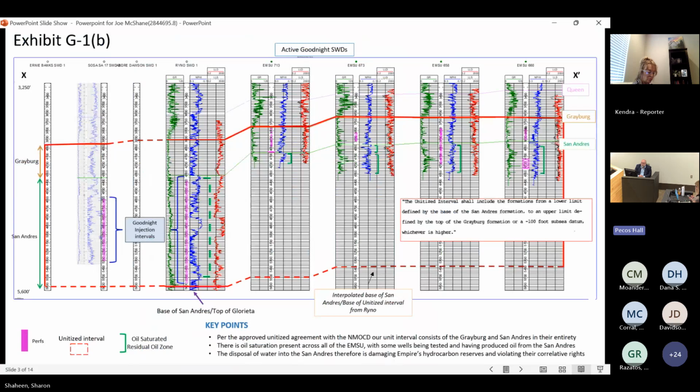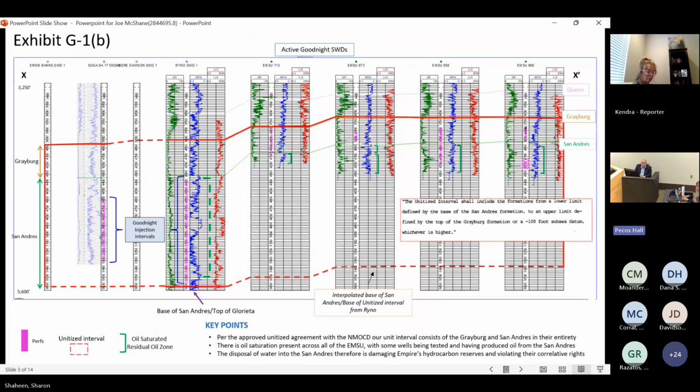The dashed and solid red line is the unitized interval as agreed upon in the field rules. And I've also put that in the call out box, the language down the bottom right where it says the unitized interval shall include formations from the lower limit defined by the base of the San Andreas Formation to the upper limit defined by the Grayburg Formation, or 100 feet subsea datum, whichever is higher.